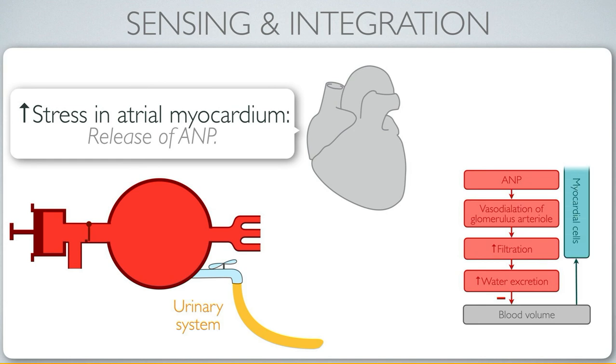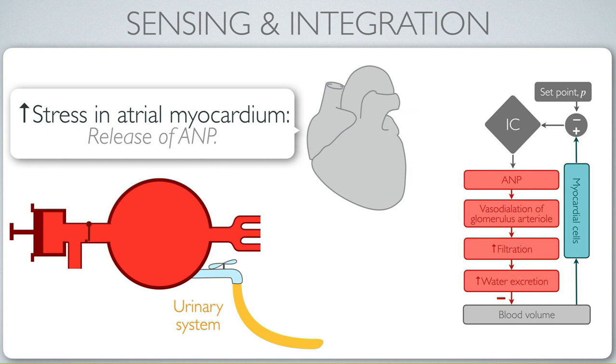So atrial myocardial cells sense blood volume through the stress in those walls, and in response to that, they release ANP. ANP then does all of those things that we detailed in the nephron that seek to reduce blood volume, and it's doing it through filtration.